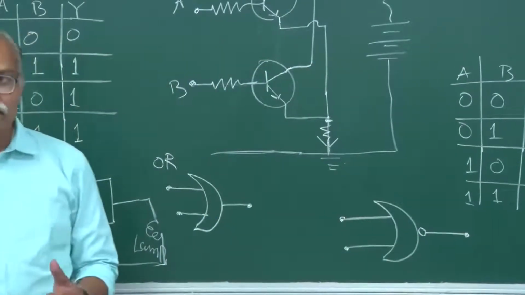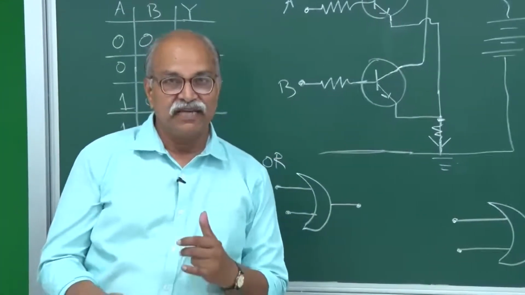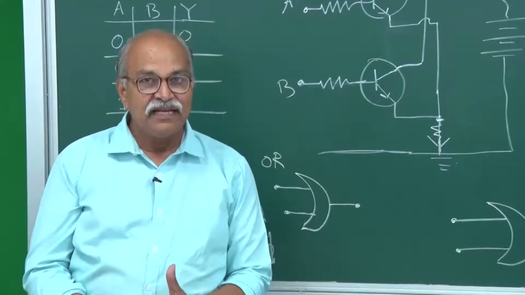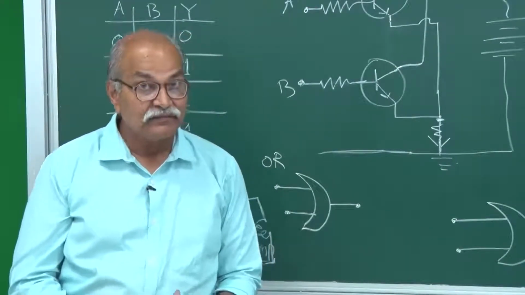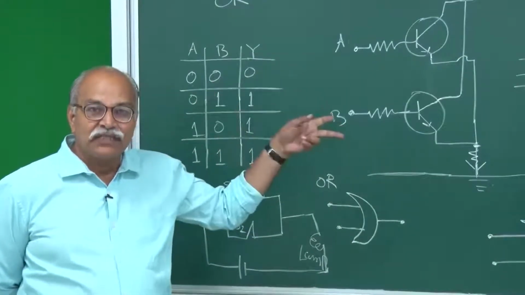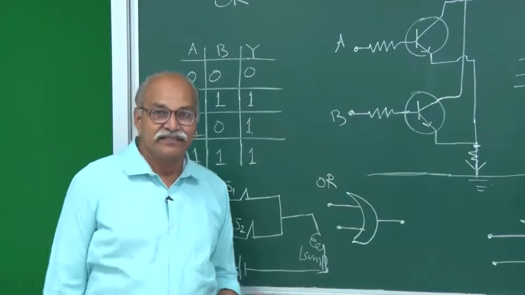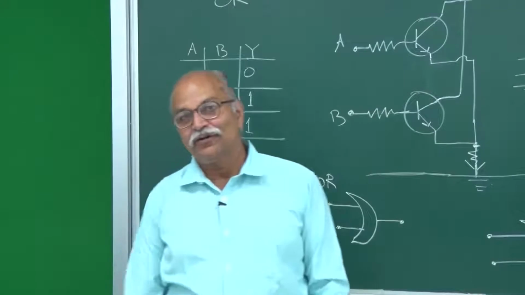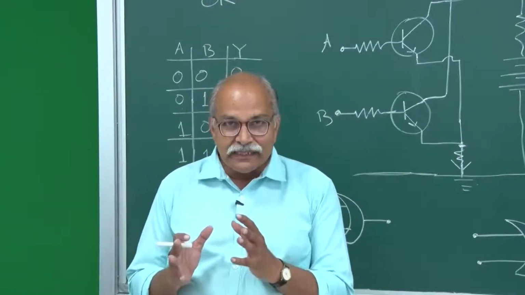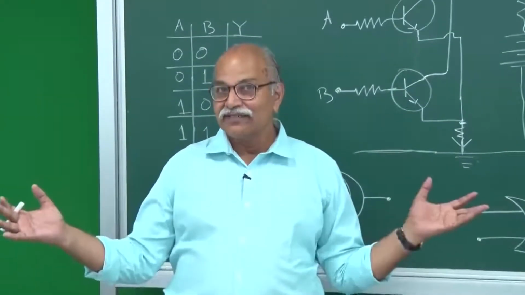Okay, so these are some of the very basic gates. You have AND, you have OR, you have NOT, then you have NAND, and you have NOR. Now these two gates, NAND and NOR, are known as universal gates. And why are they called universal gates? Because using only NAND gates, you can make any other gate.